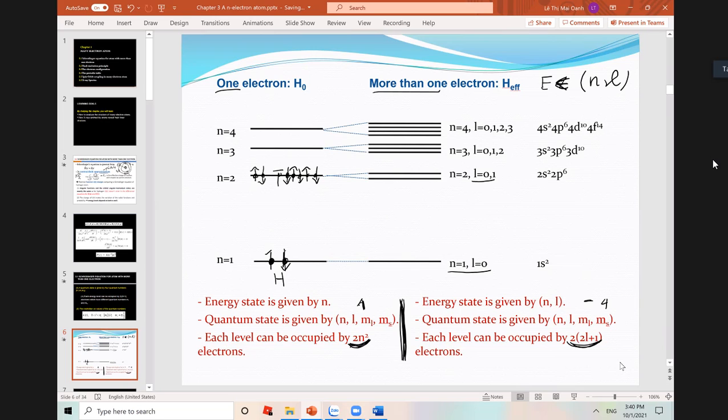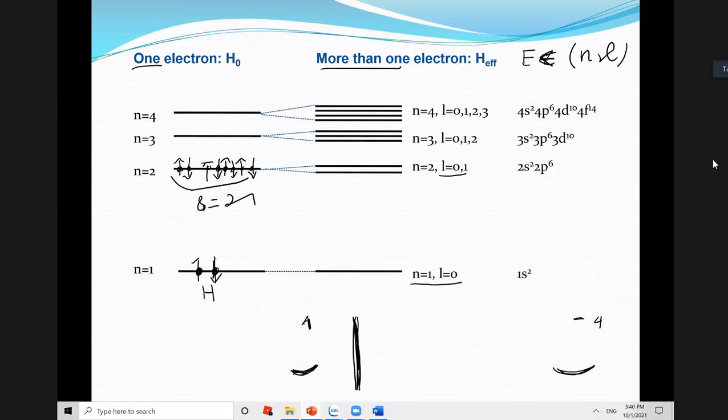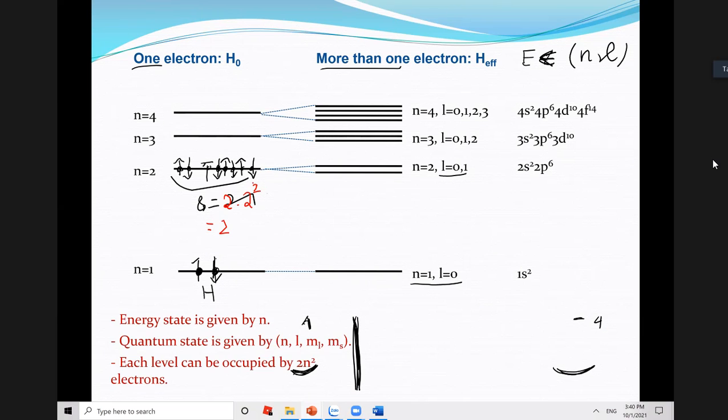Like this. And the total electrons here for each shell is 2 multiplied by n square, or equal to 2n square.